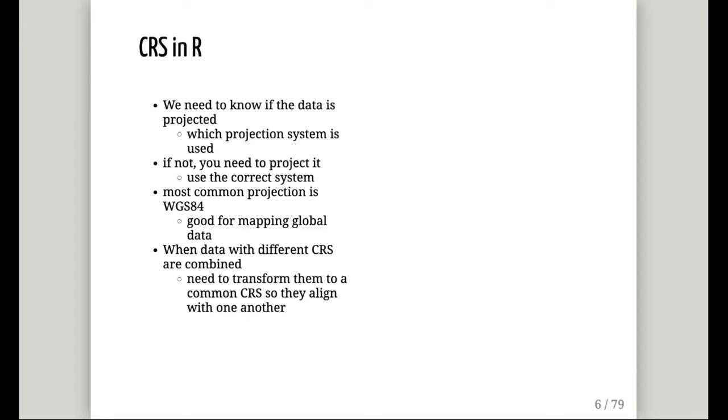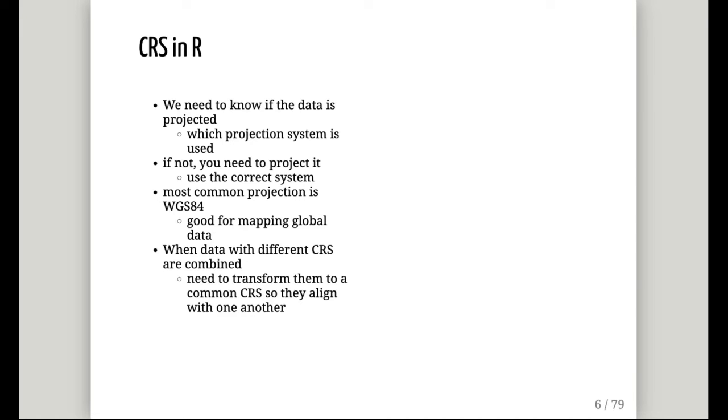Something to be careful about is when we often combine different layers together. If they're in different CRS, they need to be transformed to the same CRS so that they align with one another. This is very similar to, for example, if you're working with lengths, everything needs to be in meters or kilometers.